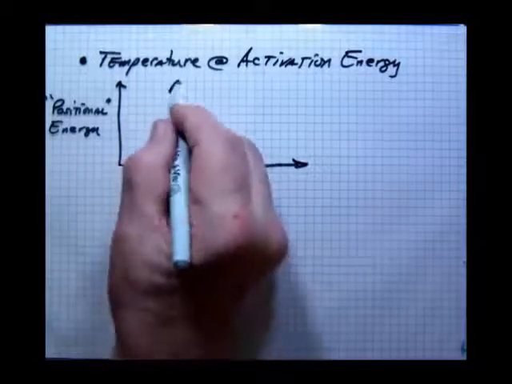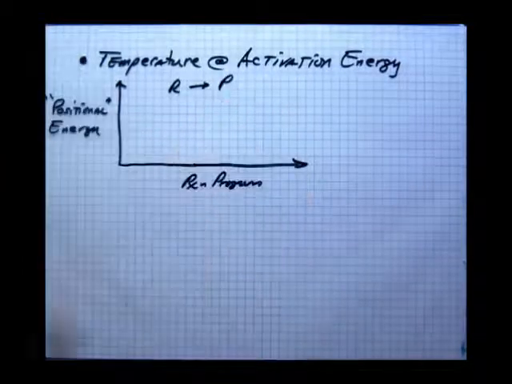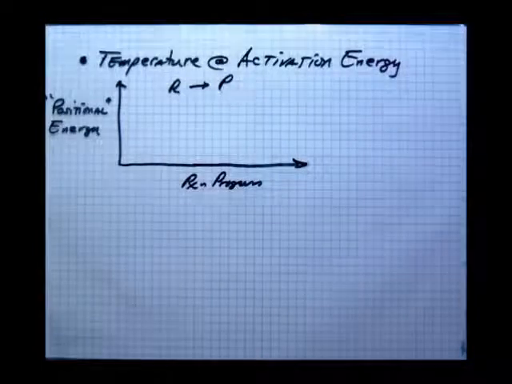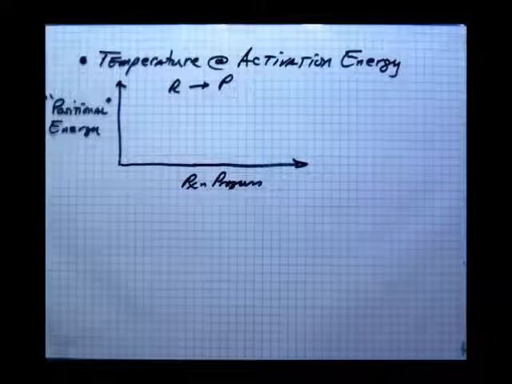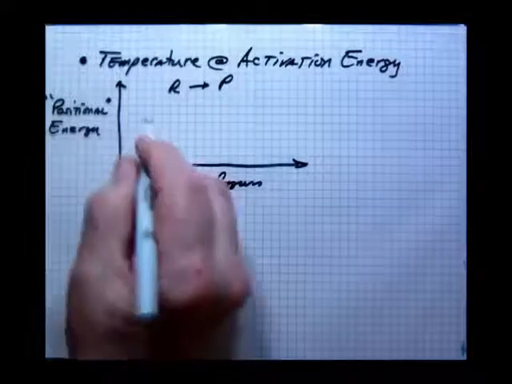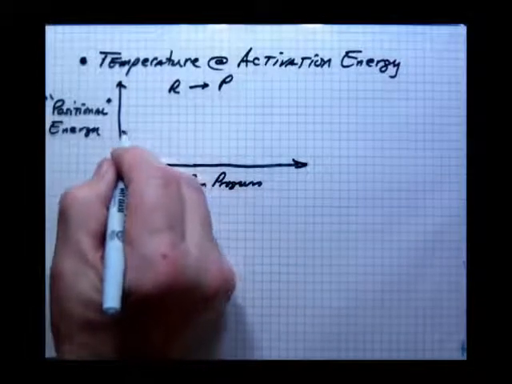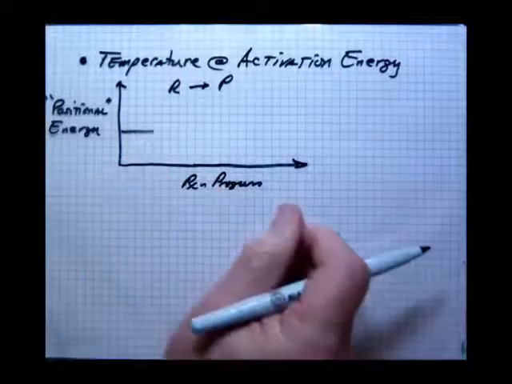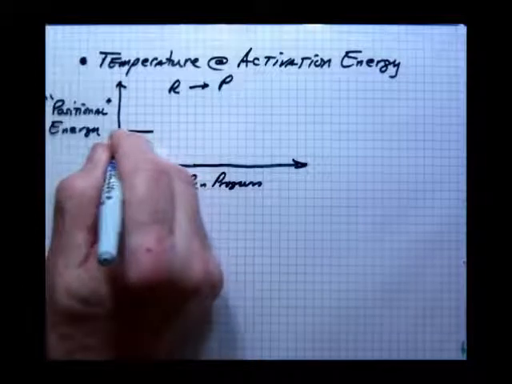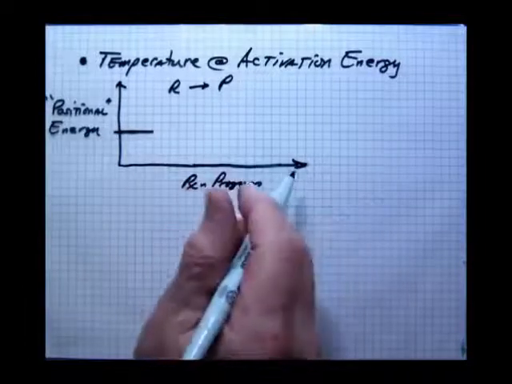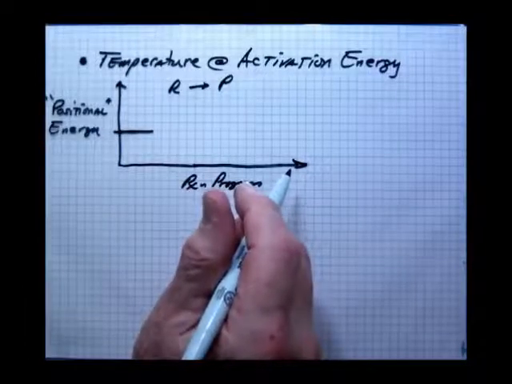When you consider reactants going to products as such, and I'm just going to use one of two kinds, and we'll talk about the others in a minute. The reactants may have to start at a given point, and we call that the positional energy content, or the enthalpy, if you will, content of the reactant.